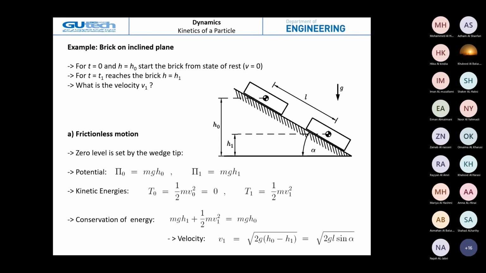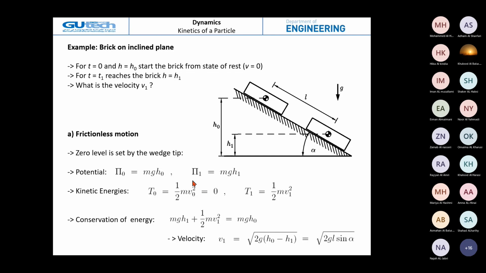So we have to choose it. The potential P0 is mg multiplied by h0, at time t0. If we choose the zero level here, P1 will also be mg multiplied by h1. Mg is in this direction, and the height also in the same direction.